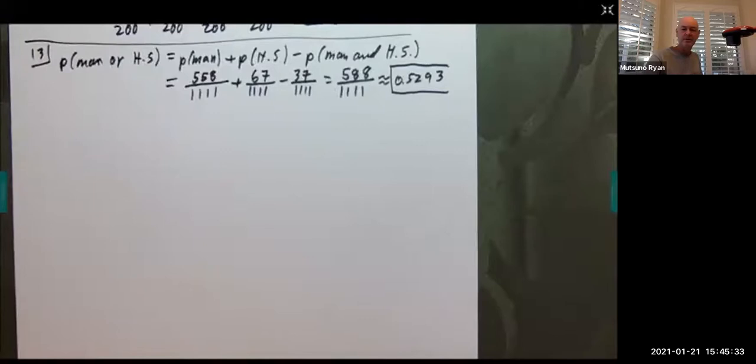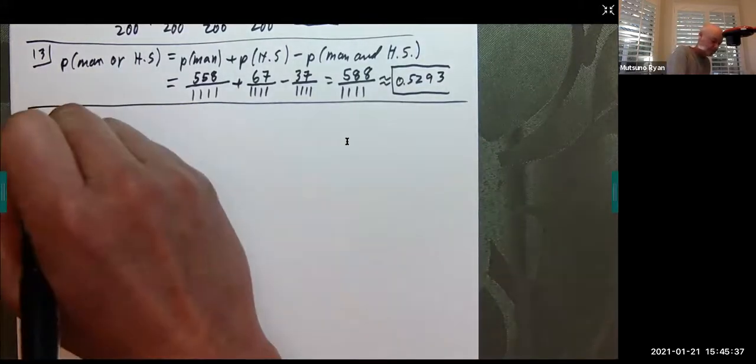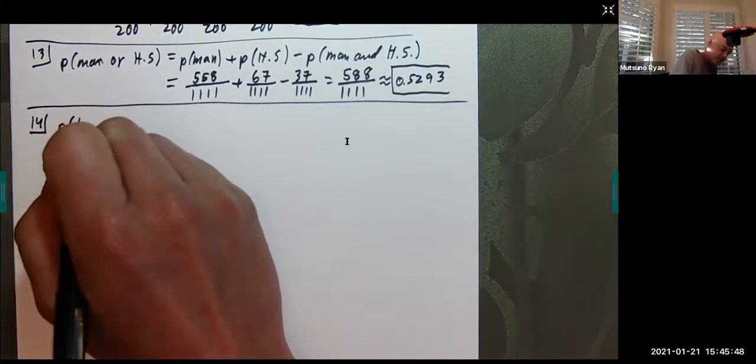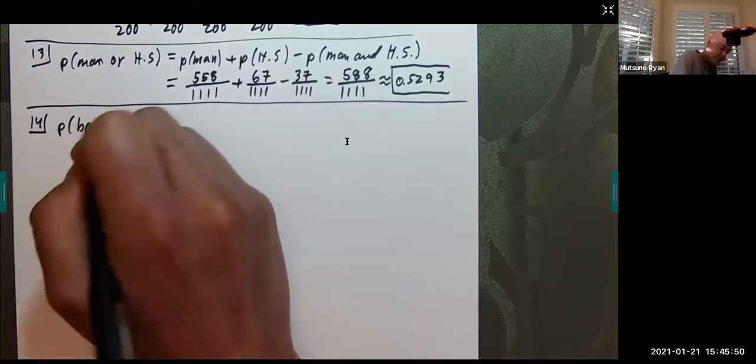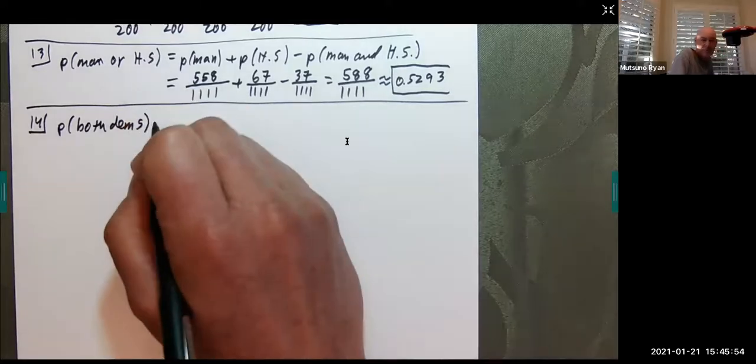Number 14. In one town, 44% of all voters are Democrats. If 2 voters are randomly selected for a survey, find the probability that they are both Democrats. So probability both Democrats.